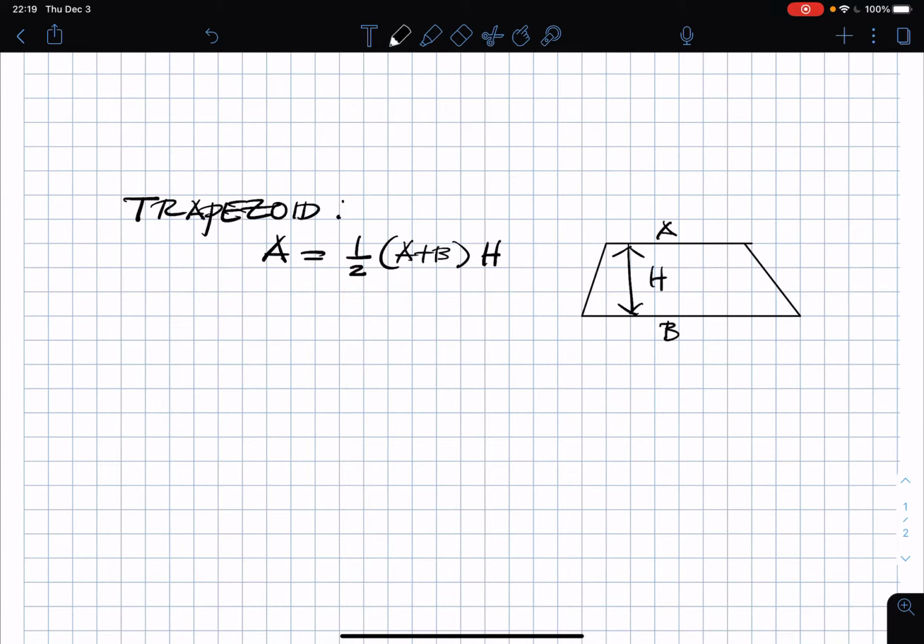Now, in your everyday life, the shape of a trapezoid is not always a perfect drawing like this. It could be something like this. Okay? Or it could be like this.